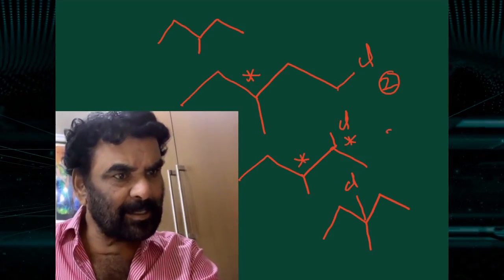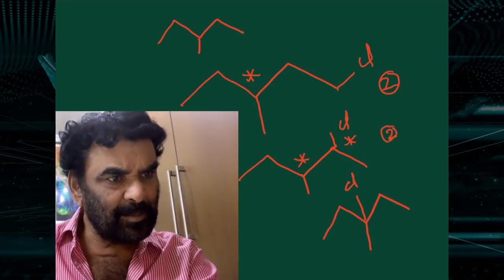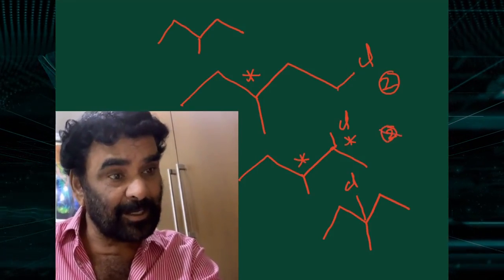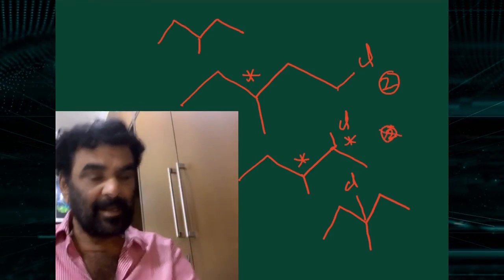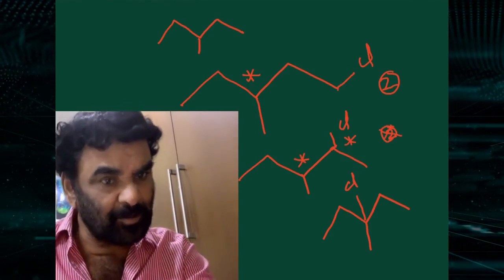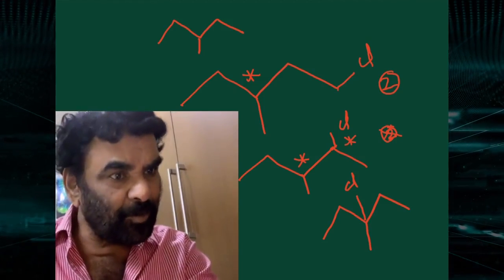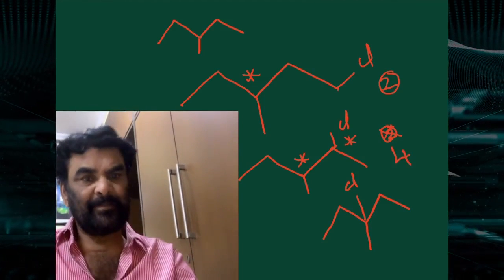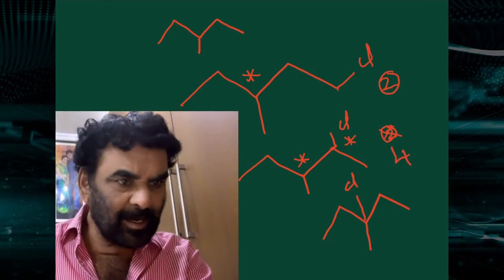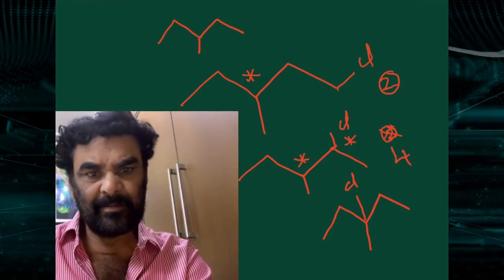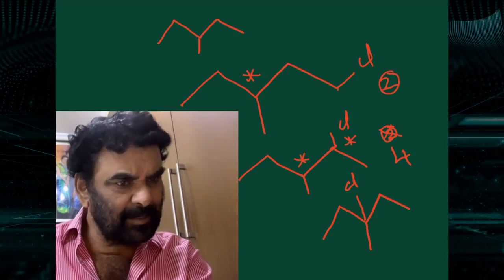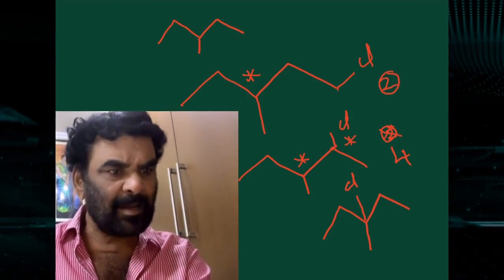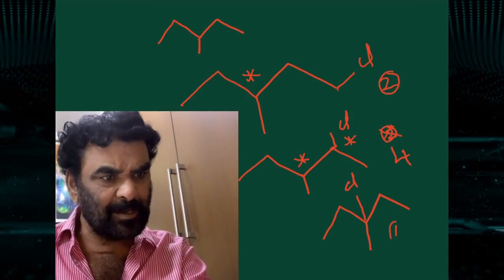So 2 dissimilar chiral centers are created, so by the 2 to the power of n rule, 4 isomeric forms are possible. Here there is no chiral center, the ethyl groups are similar, so only one is possible here.